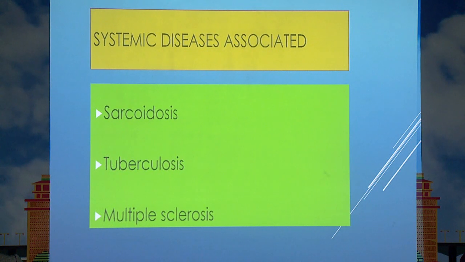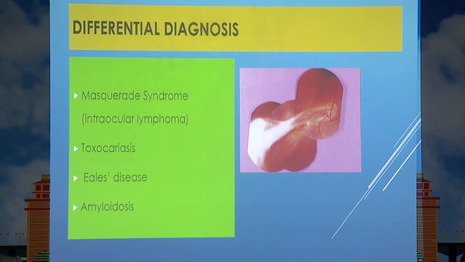The usual systemic diseases associated with intermediate uveitis are sarcoidosis, tuberculosis, and multiple sclerosis. The differential diagnoses are masquerade syndrome, particularly intraocular lymphoma, toxocariasis, Eales disease, and amyloidosis.